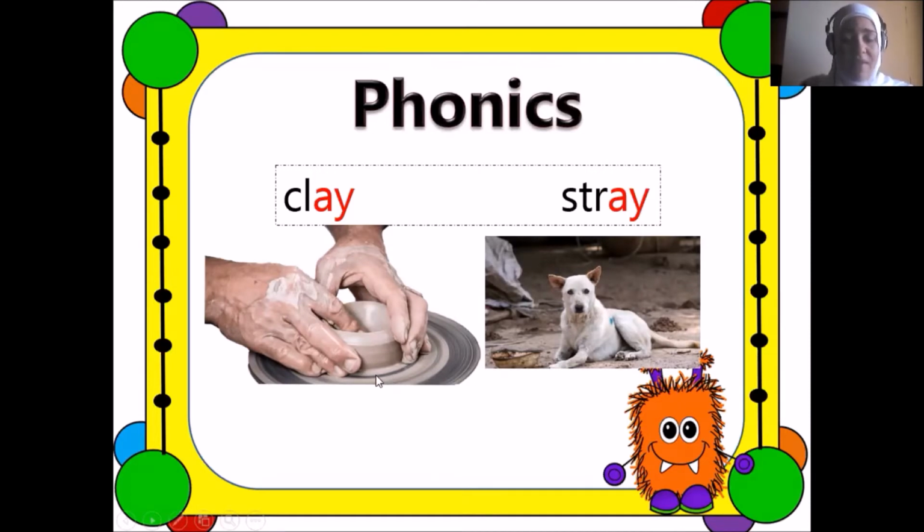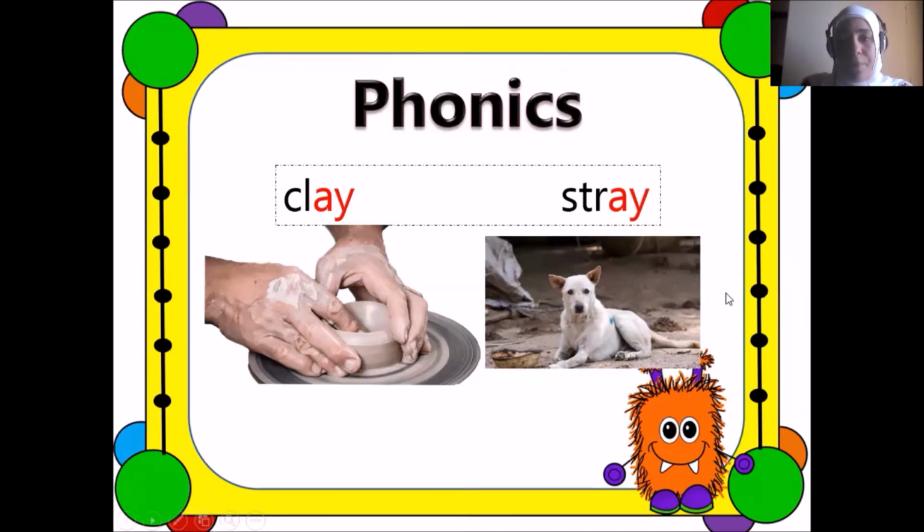Here, clay, as it's shown in the picture, which you may use to make shapes or dishes sometimes, or vases. Stray is when you're abandoned, you're without a home. Let's say you stay in the street, so you are stray.